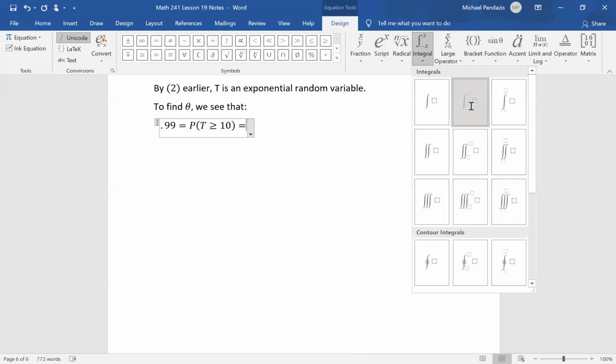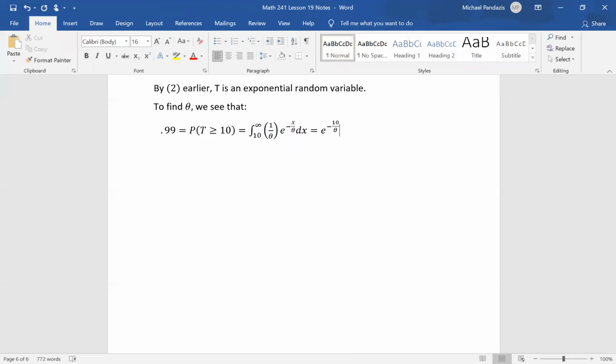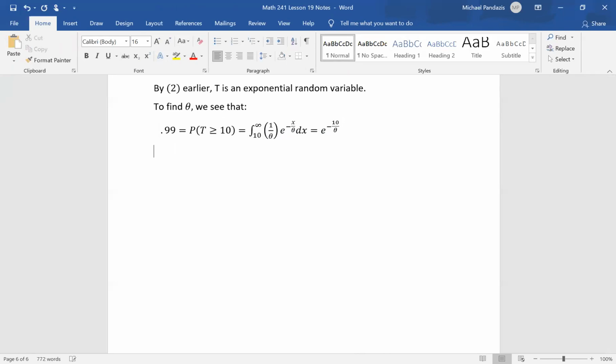Okay, and then we move forward. So it's the integral from 10 to infinity of 1 over theta e to the negative x over theta dx, and that's equal to, you do the calculations of the integral, e to the negative 10 over theta. Okay, so when you calculate this improper integral, you get this using u substitution.